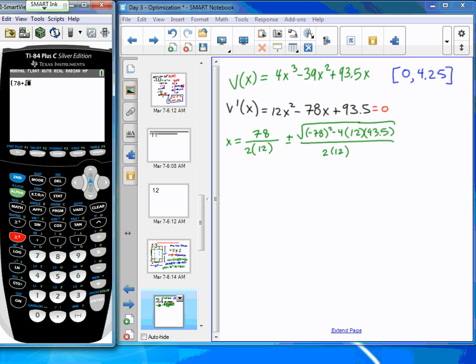So here I go. Opposite of b, square root of... and I just did 78 squared because I know negative 78 quantity squared will be the same as 78 squared, and then I don't have to mess with parentheses again.